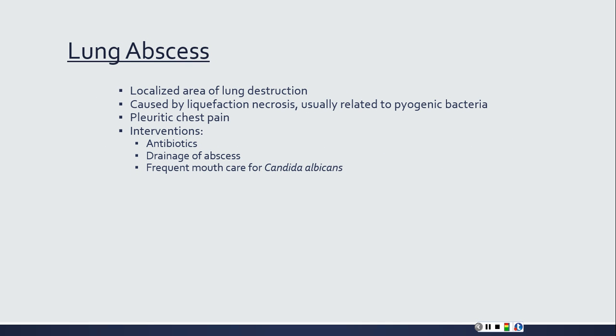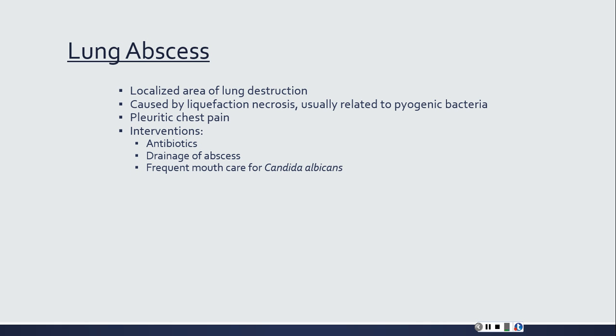So, because frequent mouth care is important to prevent, who's at great risk? Yeah, tobacco users. Who else? Some of these we just talked about, right? Trach patients, ventilator patients. You know? Yeah.